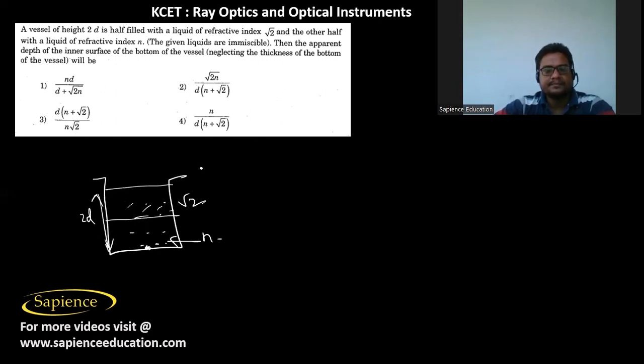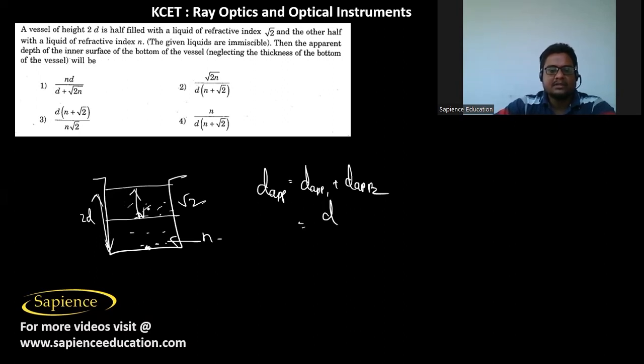So here the apparent depth will be equal to the apparent depth due to the first liquid plus the apparent depth due to the second liquid. So it will be d apparent 1 plus d apparent 2. That will be the real depth divided by the refractive index.